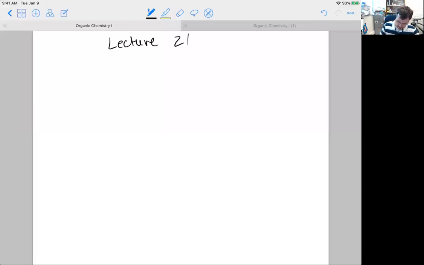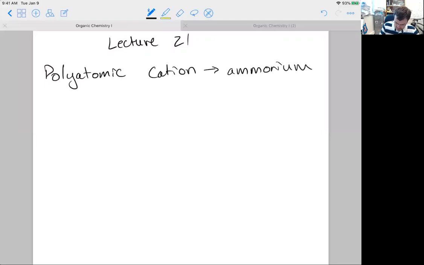So I want to look at a polyatomic cation in this case. And a good one to start with is ammonium. So ammonium has the formula NH4, and then we're going to add a positive charge. Okay, so what this means is that we're going to take our elements, which include a nitrogen with 5 dots around it, and 4 hydrogens with 1 dot around them.